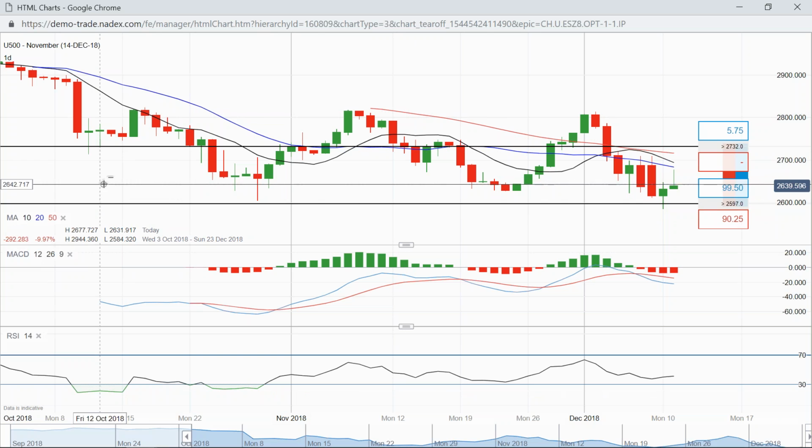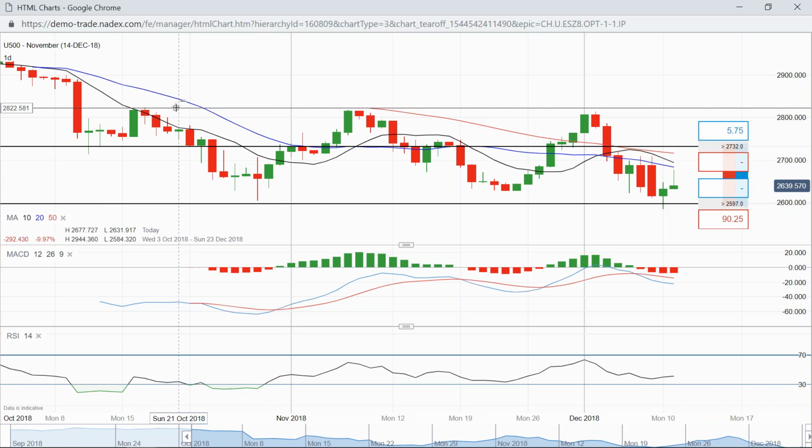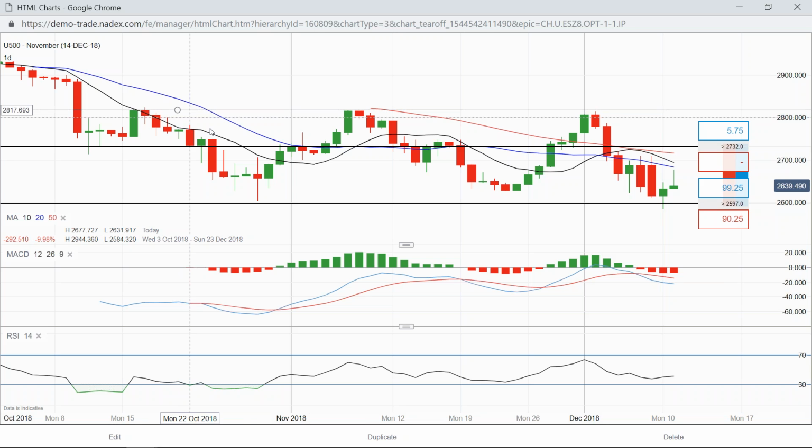We'll do a horizontal line right around here, at that nice flat level. I don't need to put in one at the bottom because we already have a binary line right there, at around 2,600. And as you can see, this is right around 2817. So let's call it 2,800 at the high, 2,600 at the low.